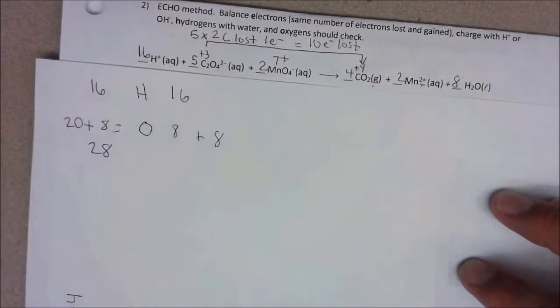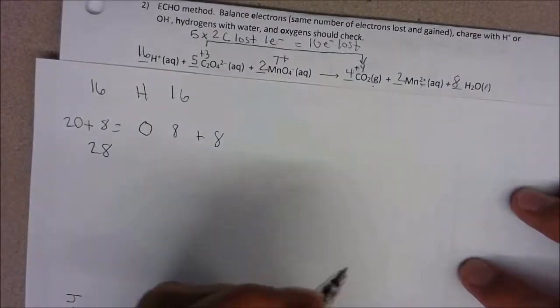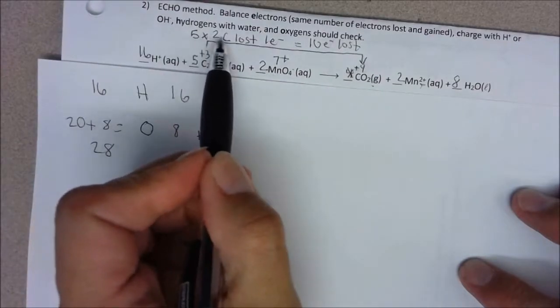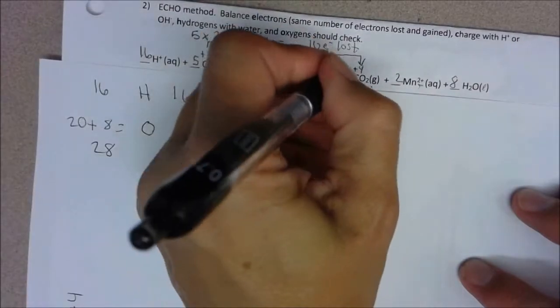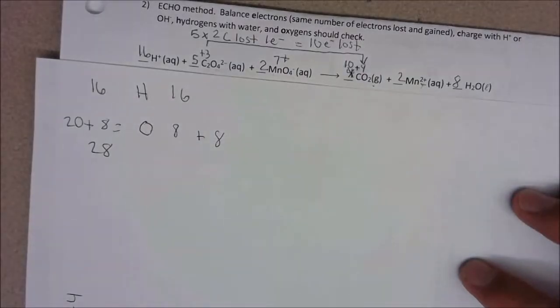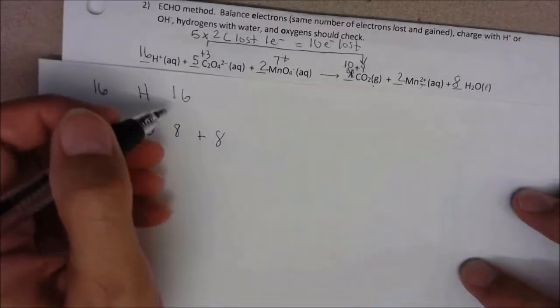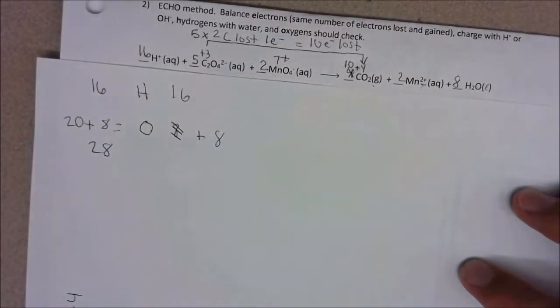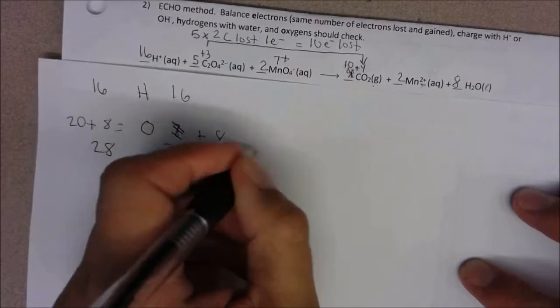What did I miss? Oh, I had the wrong number in front of CO2. If I have 5 times 2, that means I made 10 CO2s. This is why you do the check. It lets us catch our errors. That means instead of 8 oxygens from CO2, I have 20 oxygens from CO2, and my oxygens balance.